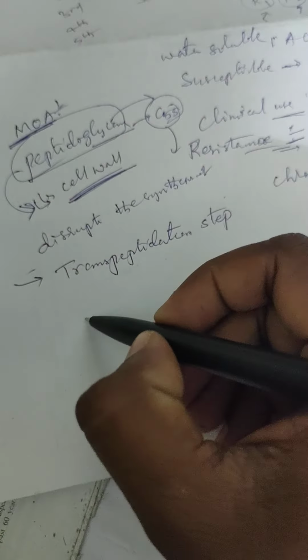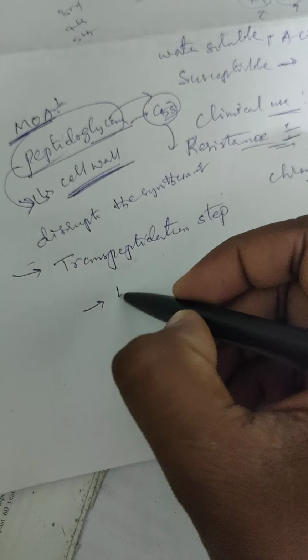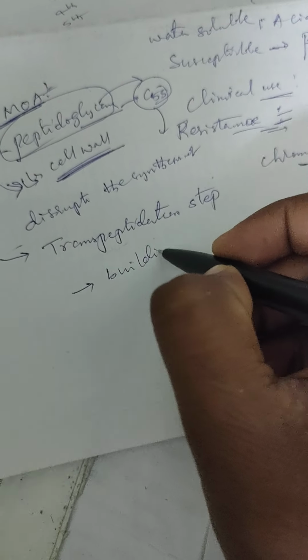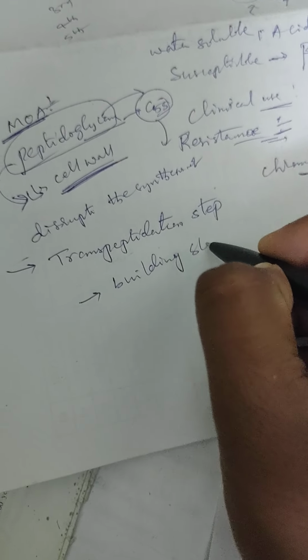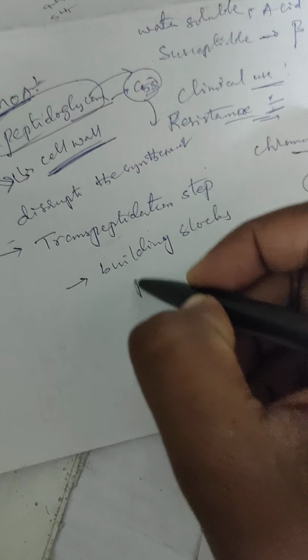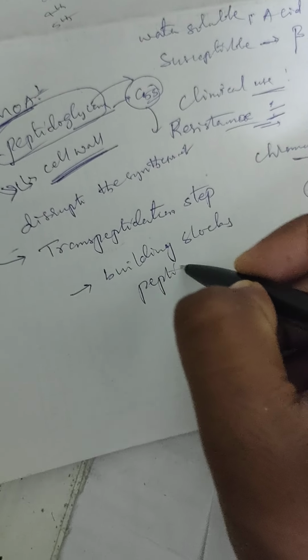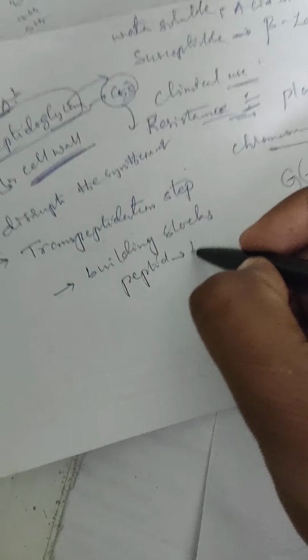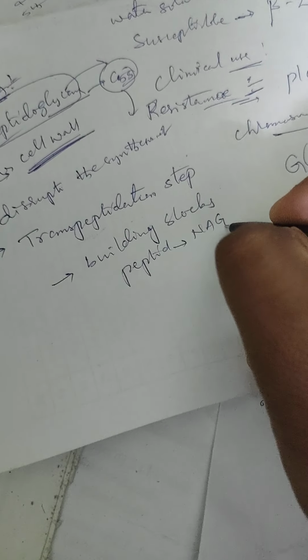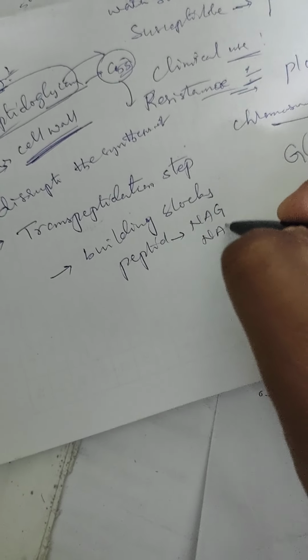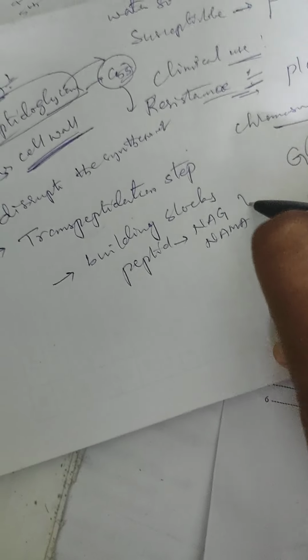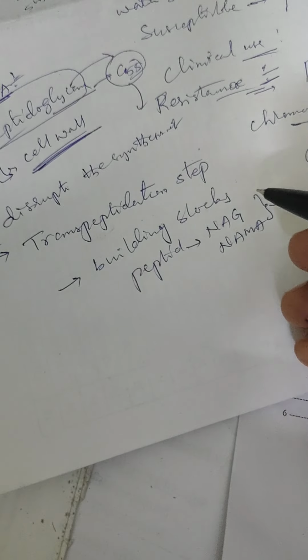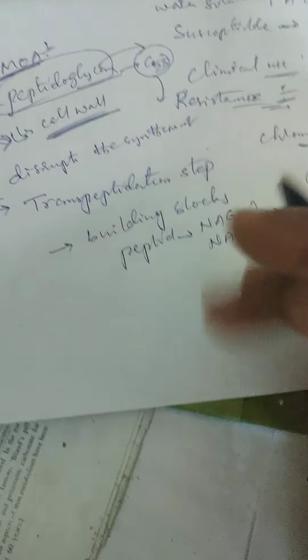Means after the formation of all the building blocks of peptidoglycan by the N-acetyl glucosamine and N-acetyl muramic acid, these two building blocks are joined. Already we had discussed each and every step.